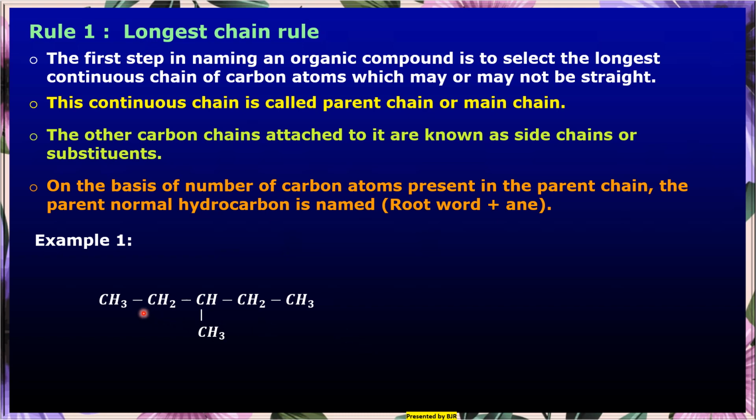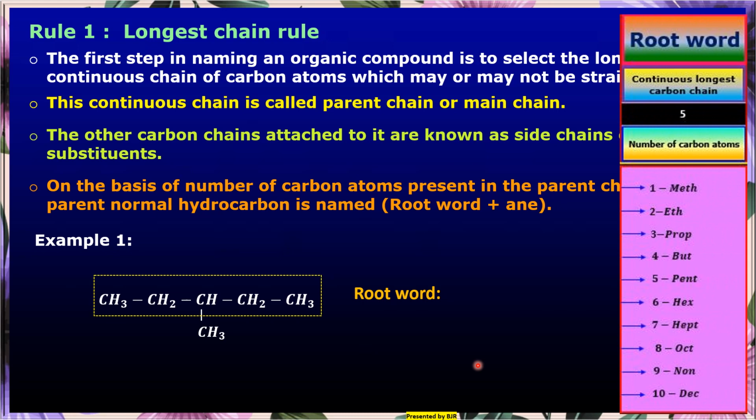If I select this as the parent chain, then it contains only 4 carbon atoms. Instead, if I select this as the parent chain, it contains 5 carbon atoms. So this is the parent chain and contains 5 carbon atoms, and the root word is pent. 5 carbon atoms means it is pent.